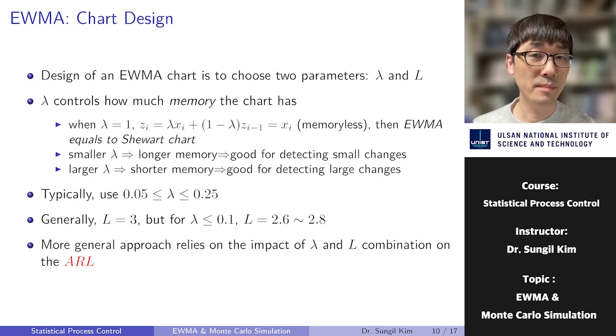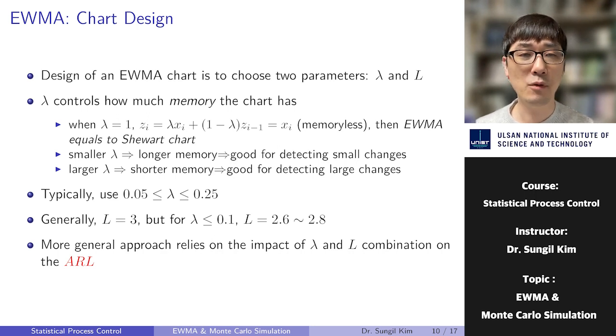We need to determine parameters to design the EWMA chart. EWMA requires two parameters, lambda and L. The lambda controls how much memory the chart has. If lambda equals 1, then EWMA equals the Shewhart control chart. A larger lambda indicates short memory, and it is good for detecting large changes, while a small lambda indicates long memory, and it is good for detecting small changes.